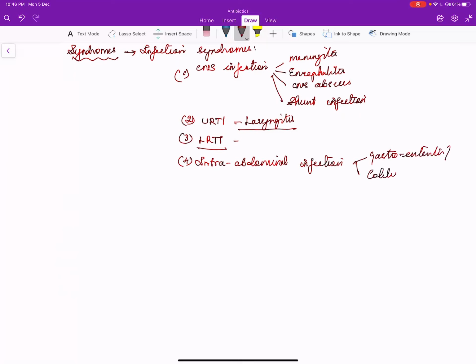If the colon is infected, we call it colitis. So this is the intestine getting involved. Suppose the solid organs are involved, like hepatitis, splenitis, or splenic abscess. That is another syndrome. Or the peritoneum may be involved. That is peritonitis.